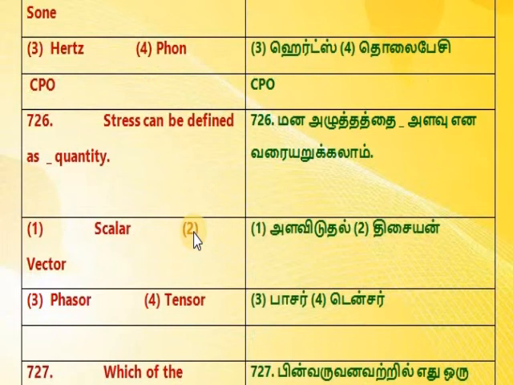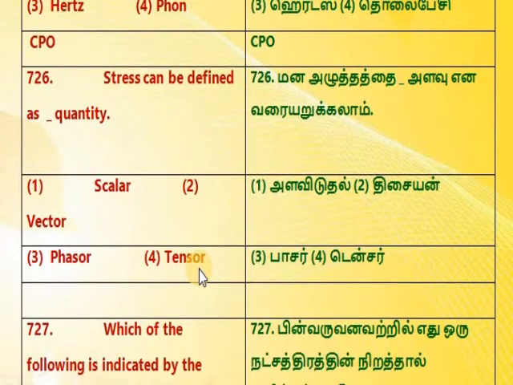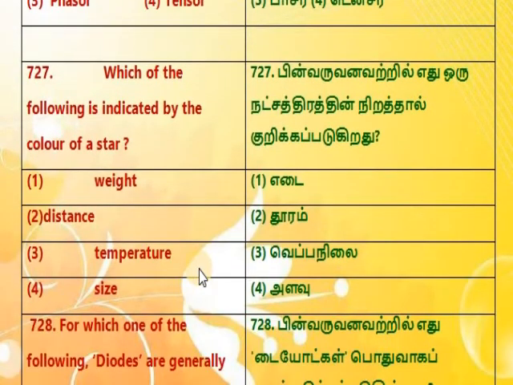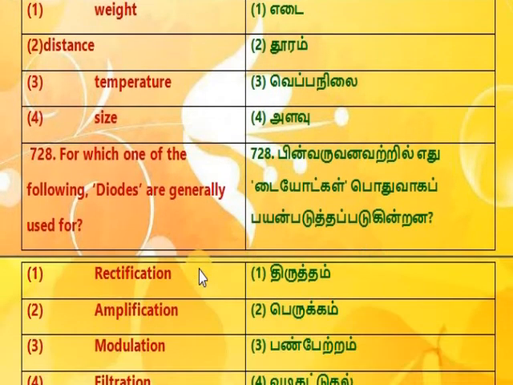726. Stress can be defined as underscore quantity. 1. Scalar. 2. Vector. 3. Phasor. 4. Tensor. 727. Which of the following is indicated by the color of a star? 1. Weight. 2. Distance. 3. Temperature. 4. Size. 728.